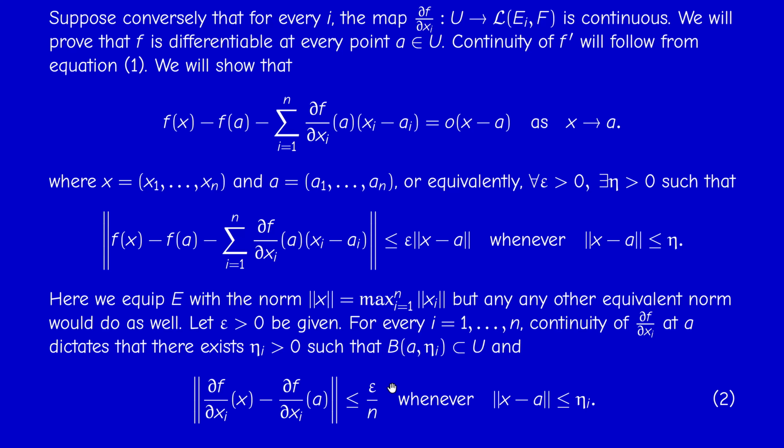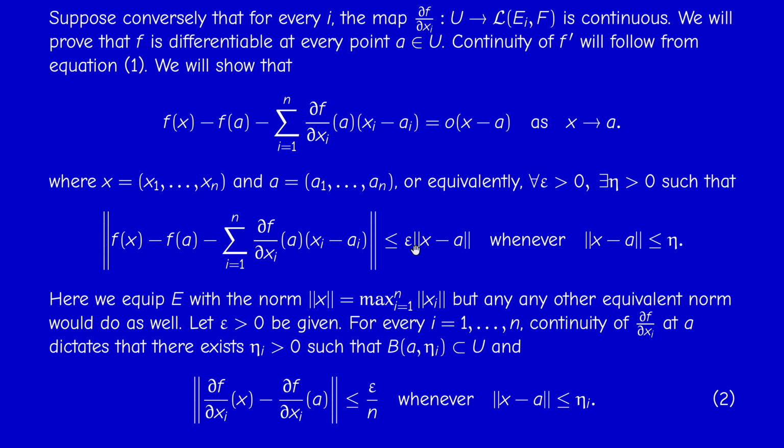So here I took epsilon over n and not epsilon. It's not really substantial, but if we take epsilon instead of epsilon over n, then we will find n epsilon here.